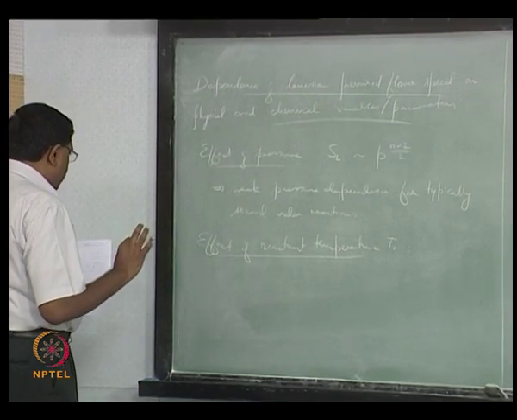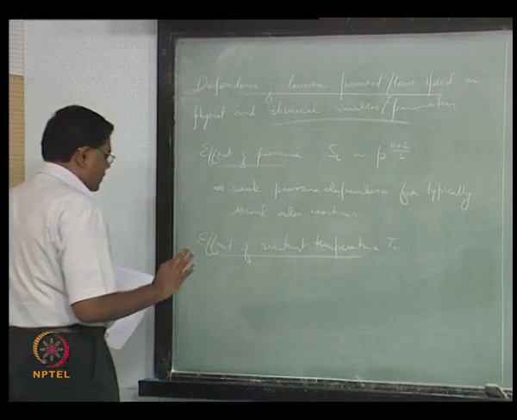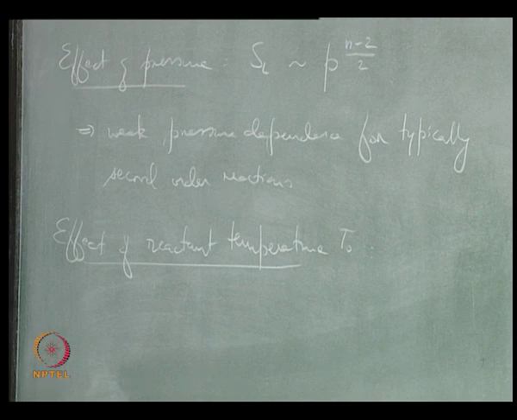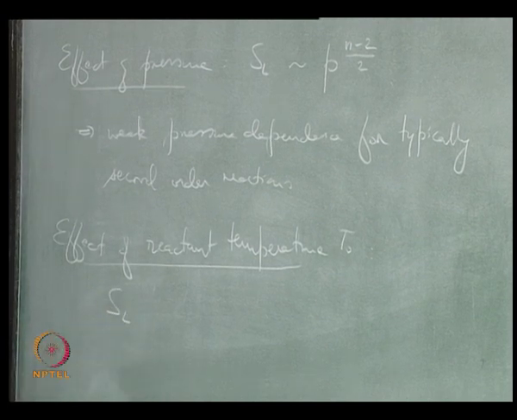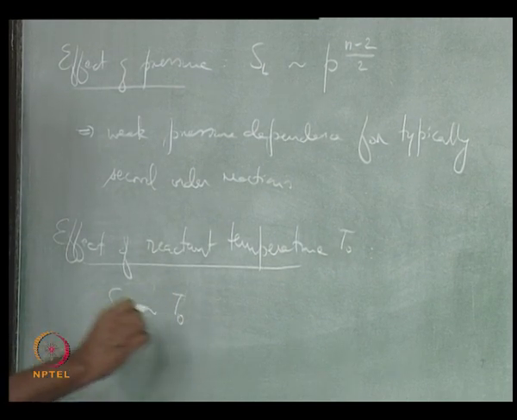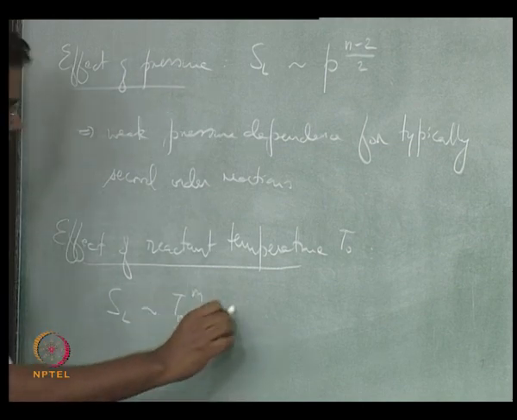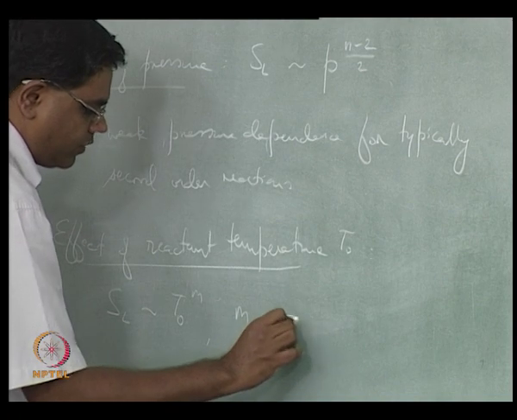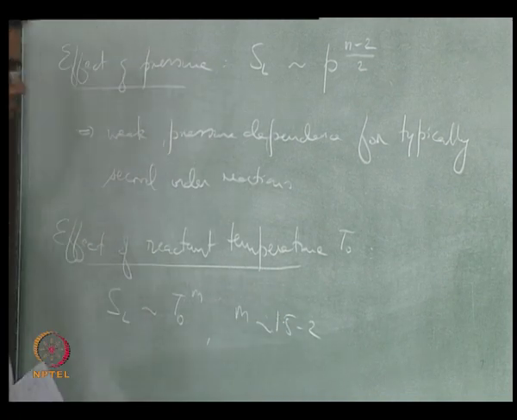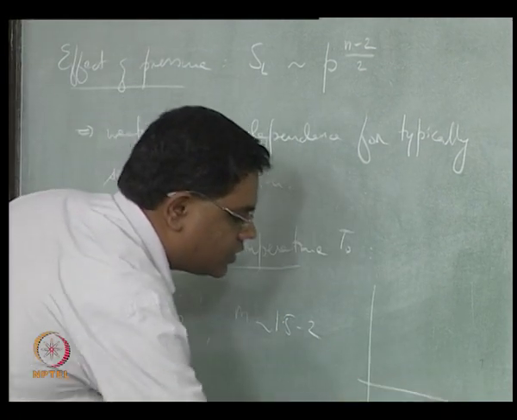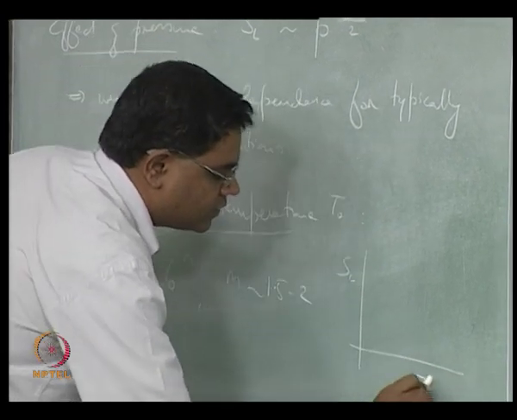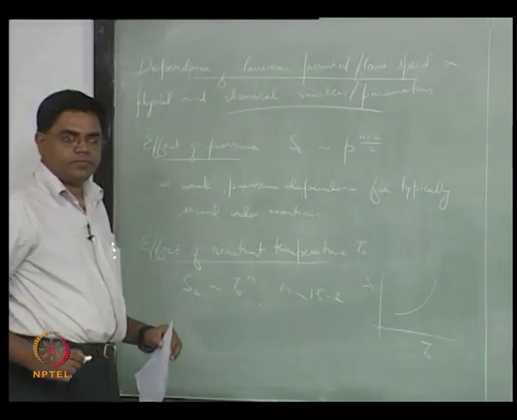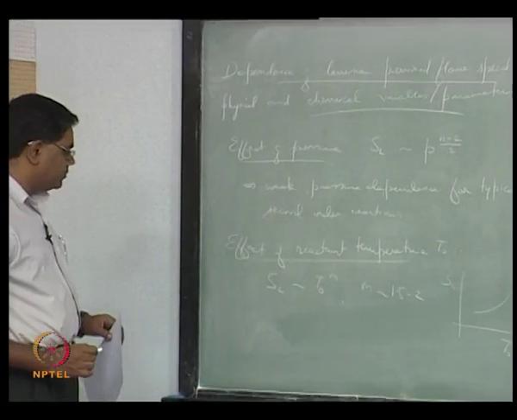As far as T naught is concerned, the gross effect is that SL goes as T naught to the m, where m is around 1.5 to 2. So if you look at SL versus T naught, you get graphs that go kind of like that, right?